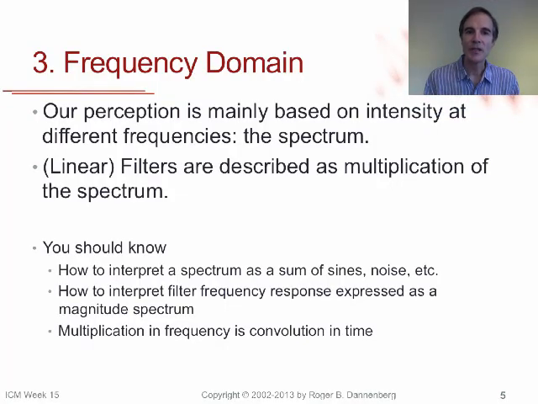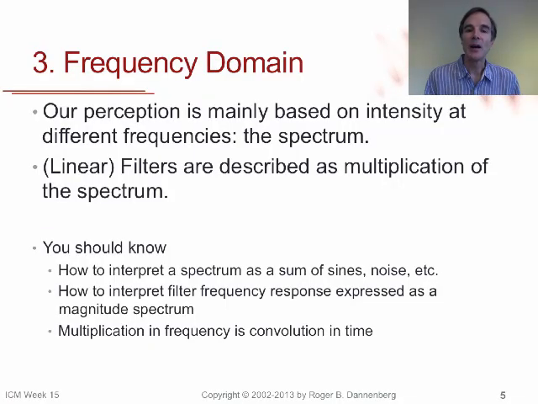We studied the frequency domain. Our perception is mainly based on intensity at different frequencies, hence the spectrum. Linear filters are described as multiplication in the spectral domain, multiplication of the spectrum. And you should know how to interpret a spectrum as a sum of sinusoids, noise, etc. So in other words, peaks in the spectrum typically correspond to sinusoids, and energy spread out at many frequencies indicates noise.